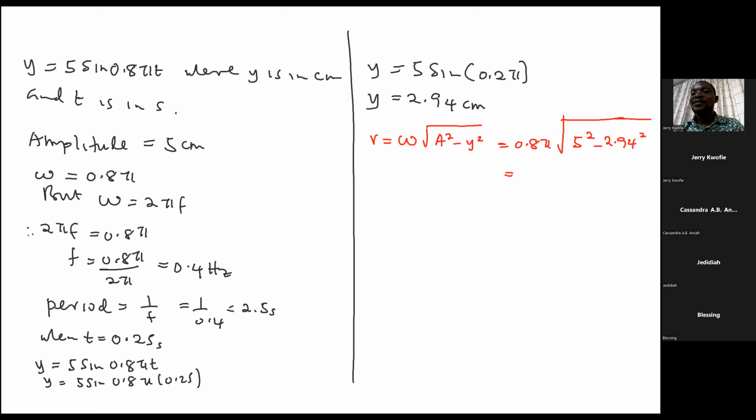Yes, please. So 10.16. But you see, velocity is a physical quantity and must have units.